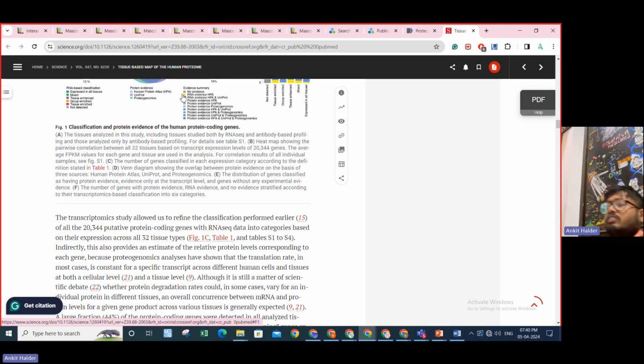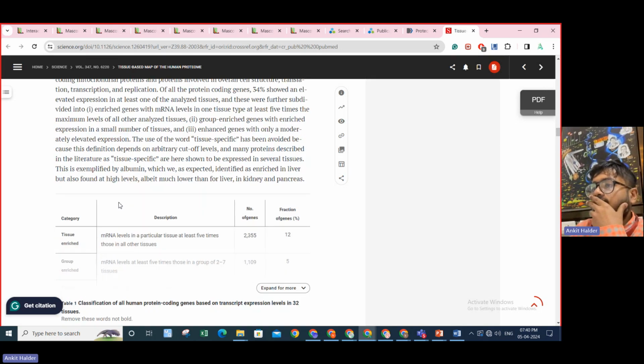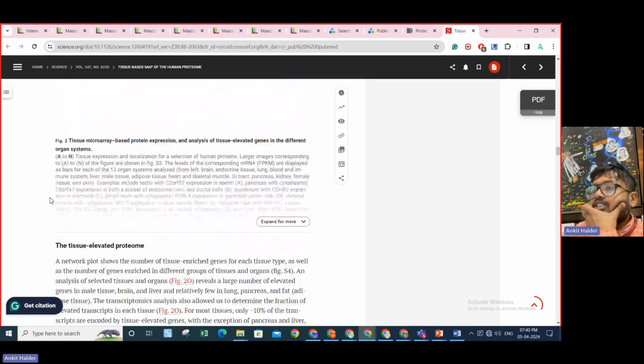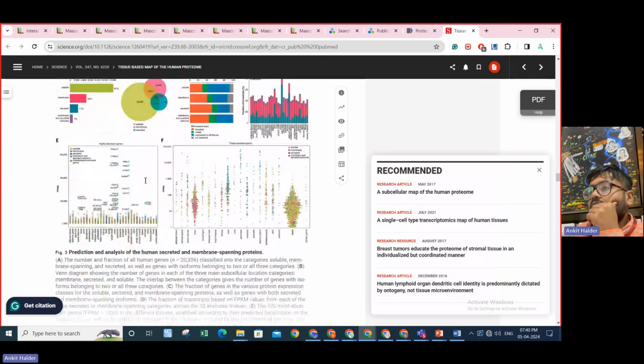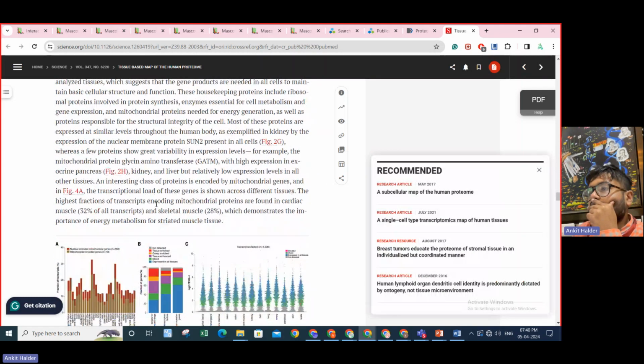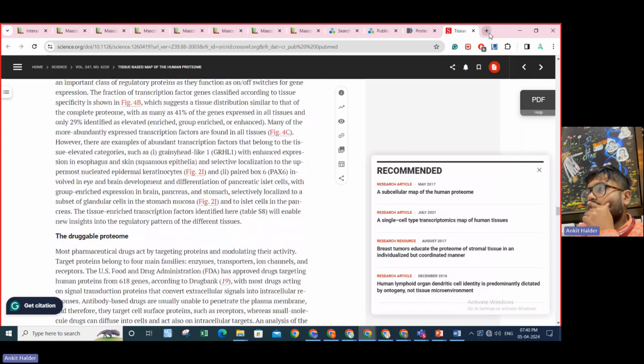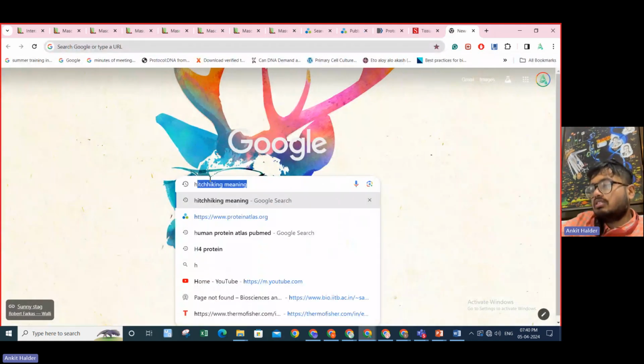The transcriptomics refine the classification performed earlier: tissue elevated proteome, human secretome, and the membrane proteome. Right? So we can go through it now.